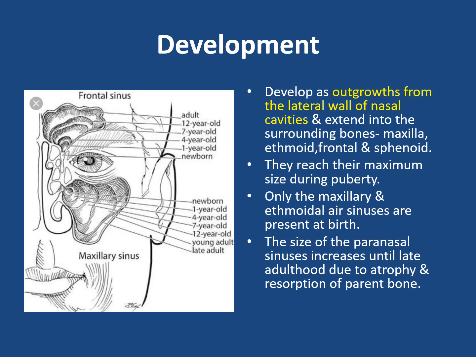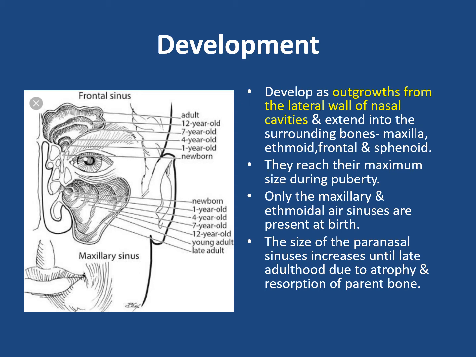Now coming to the development of the paranasal sinuses, they develop as outgrowths from the lateral wall of the nasal cavities, and they extend into the surrounding bones, which are the maxilla, ethmoid, frontal and sphenoid. The sinuses reach their maximum size during puberty.